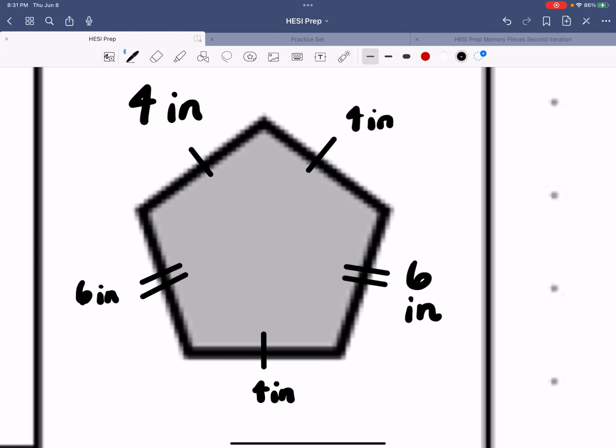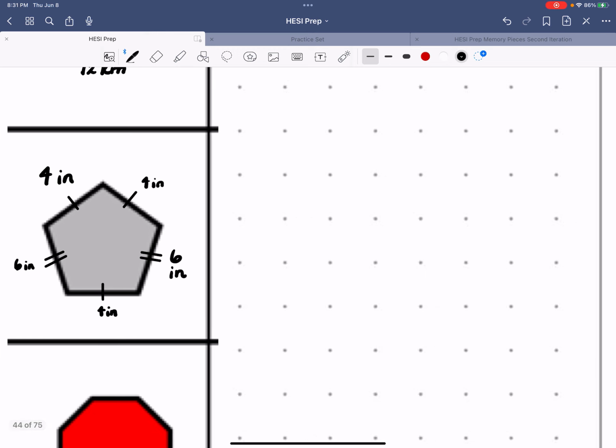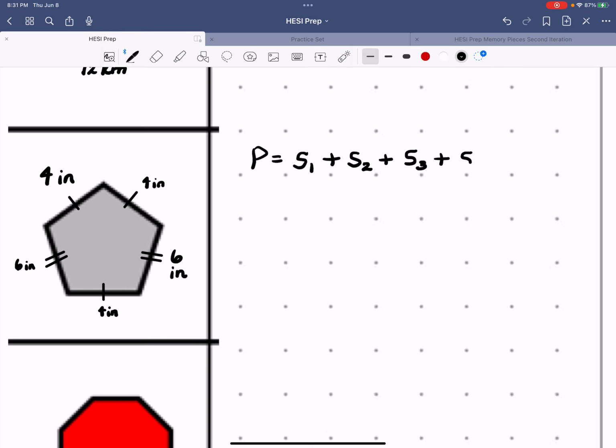That's a double. And to get your perimeter, you simply add up your sides. So I'm going to say any pentagon has 5 sides. You can probably figure this in the time it takes me to write it.